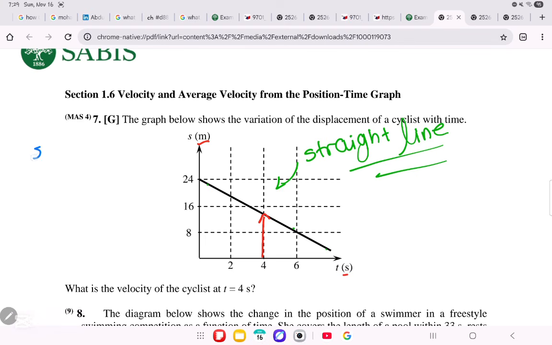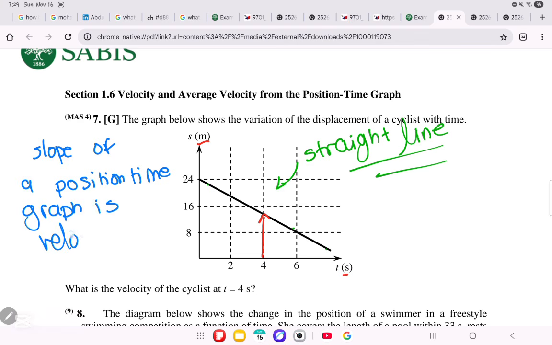The slope of a position time graph is velocity or speed. Now, in some cases, it's both velocity and speed. Some other cases, it's not. We need to ensure, first of all, that it's traveling in one direction and in a straight line. Then you can ensure that the slope of a position time graph is the velocity and the speed.